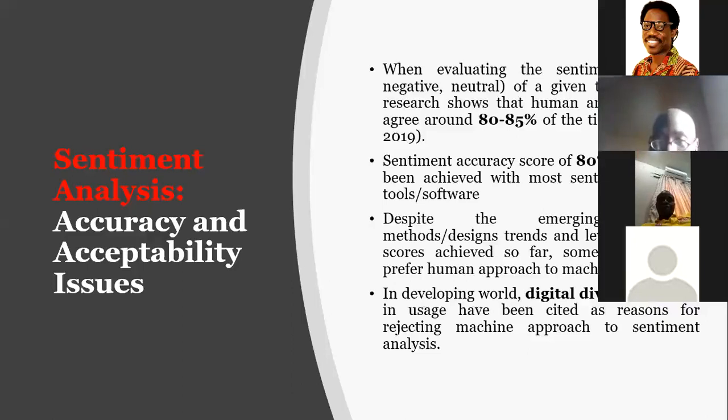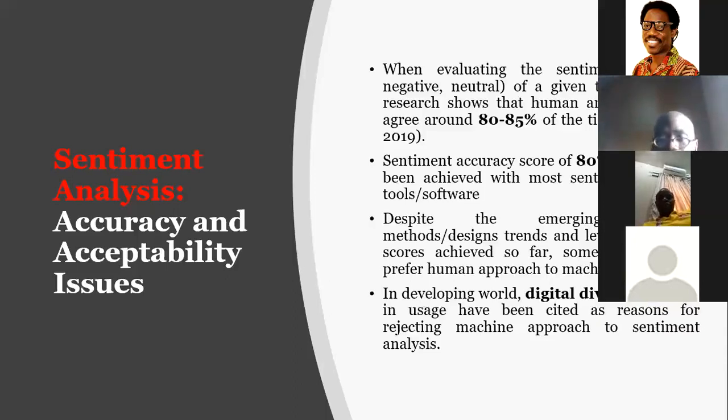That is under the human. However, the computer scientists, those who actually manufacture these tools, gathered together and said, no, we can also use machine learning to discover the accuracy of all these tools. So now, the accuracy score for most of the tools is between 80% and 81.5% and above.